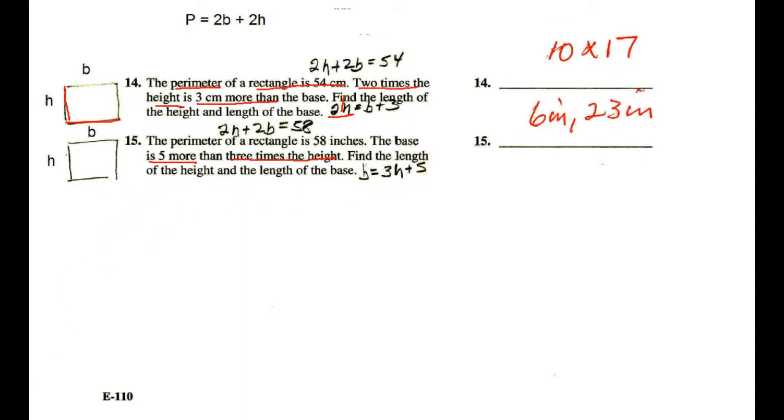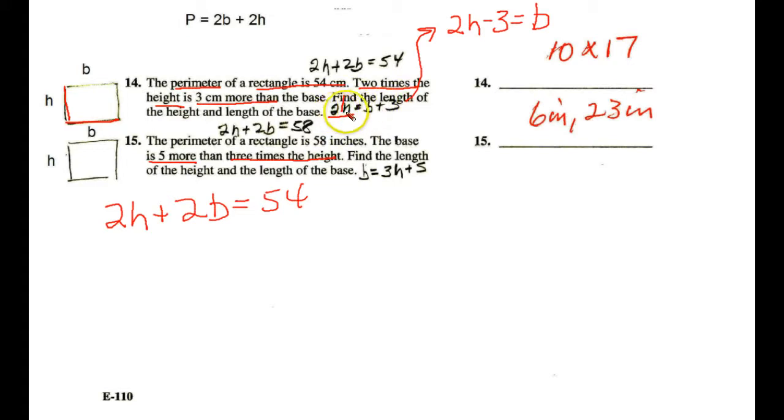So let me work one for you. So for this one, we have to solve for the letter B. So what I'm going to do is take the 3, transpose it to the other side. So there now is our value of B. So we're going to do 2h plus 2 times. Now we said our value for B was 2h minus 3, right there.